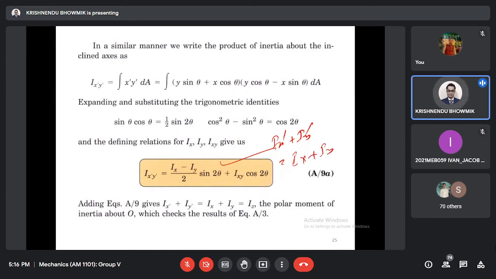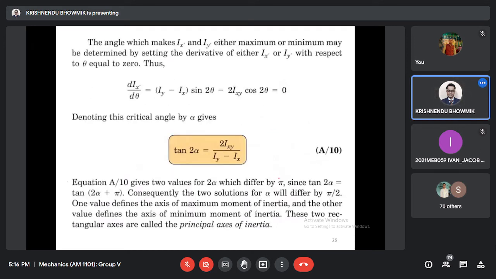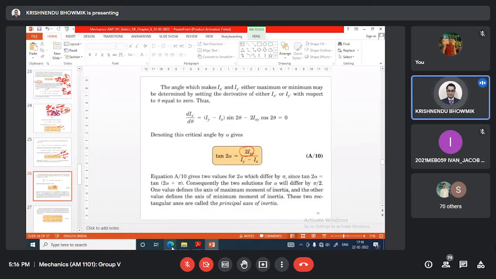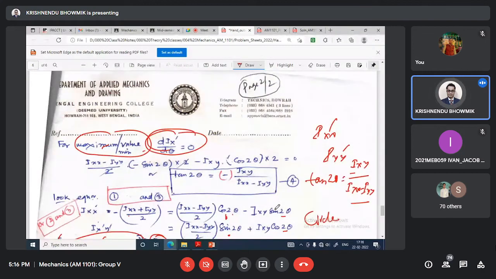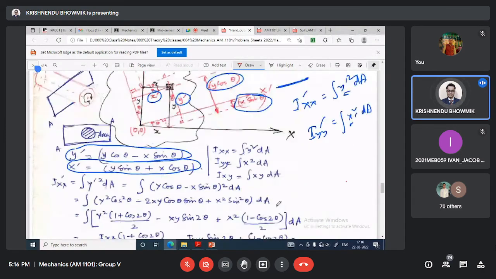Whatever I have changed, the summation will be the same, equal to Iz. So Iz will be the same. Okay, so I missed a 2. Yes, I was looking for this 2. Let me check whatever I have uploaded, whether the 2 is missing or not. Yes, the 2 is missing here. That's why I was looking for some mistake.